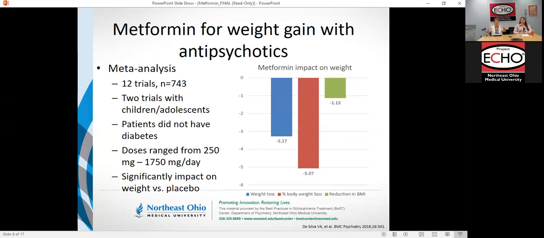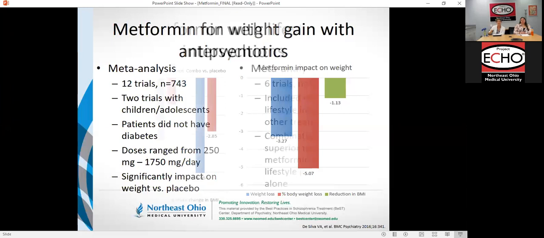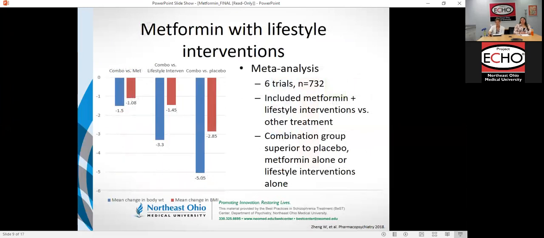When they split them apart, they still saw a significant difference. The biggest group that had an impact on weight were those that were the first episode patients. So it really seemed to have the biggest benefit for those patients early on versus those that had been on chronic therapy long-term and already gained potentially a significant amount of weight. So metformin works. It seems to work better than placebo.